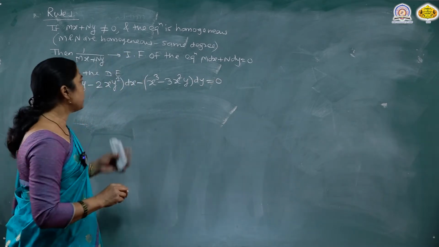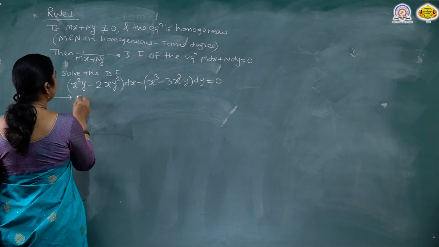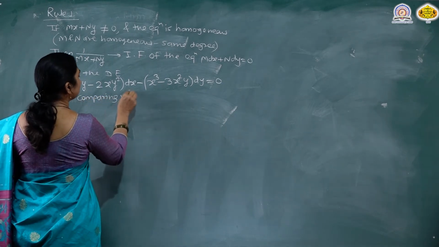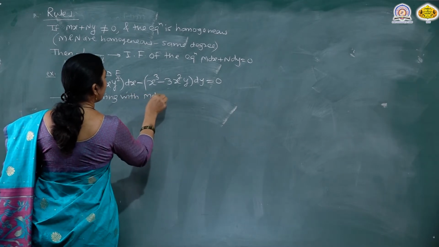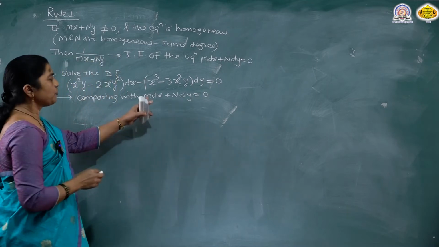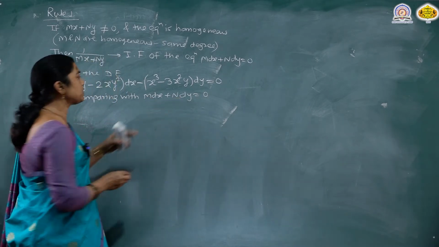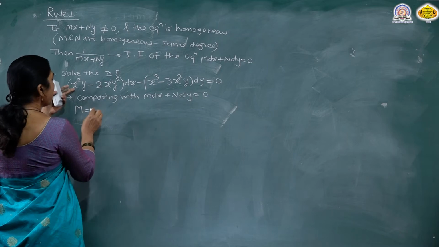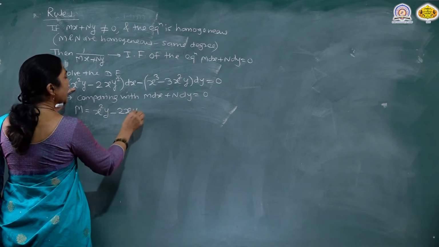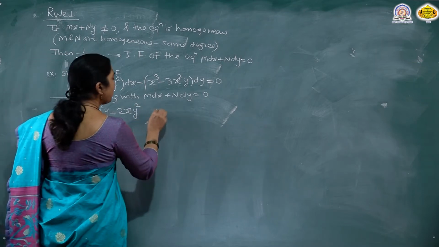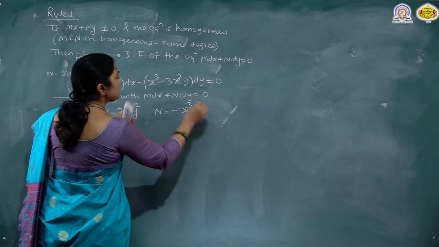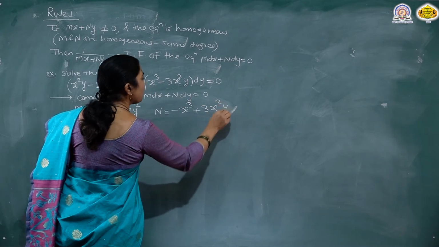Now compare this equation with M dx plus N dy equal to 0. If you compare, M has the value x²y minus 2xy² and N has the value minus x³ plus 3x²y.